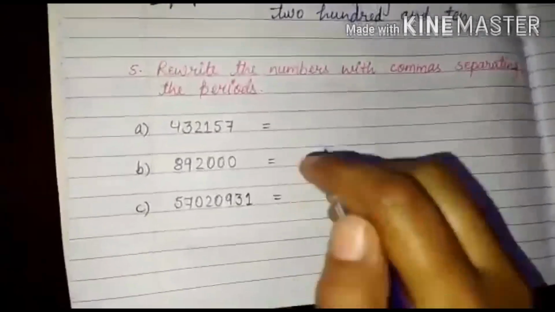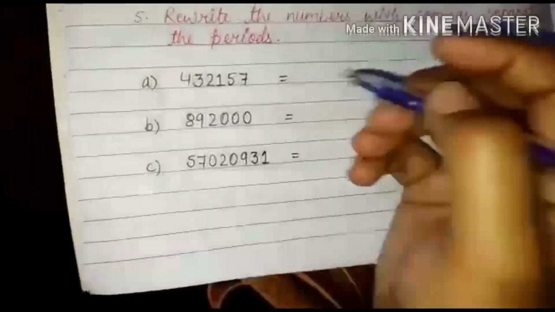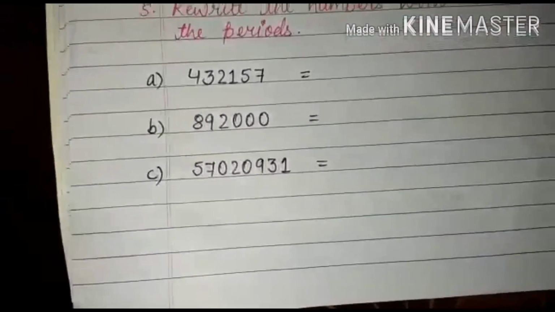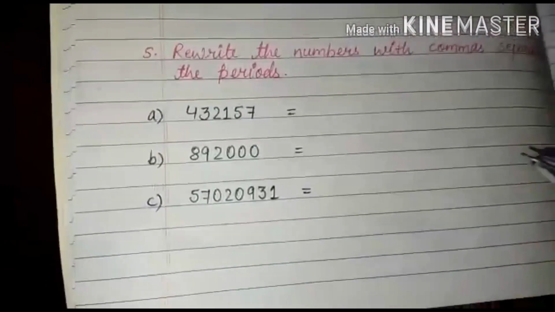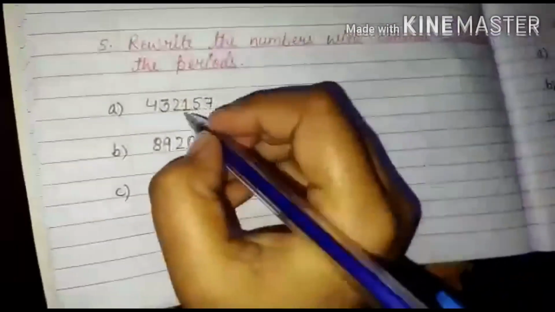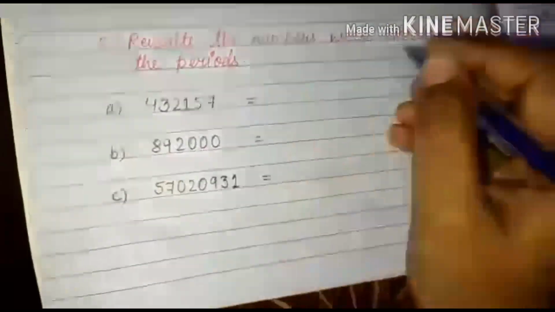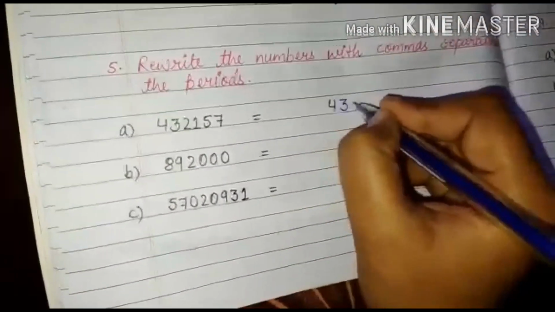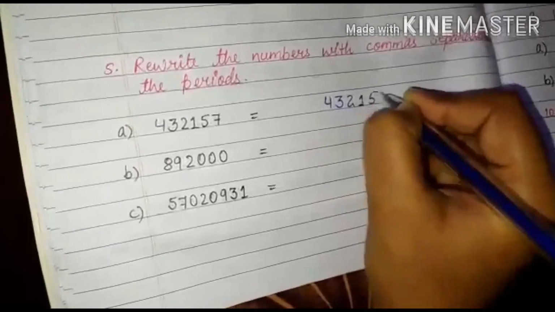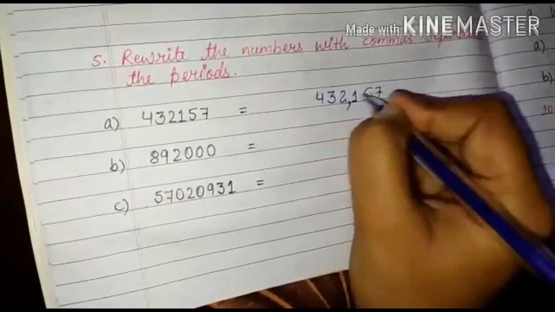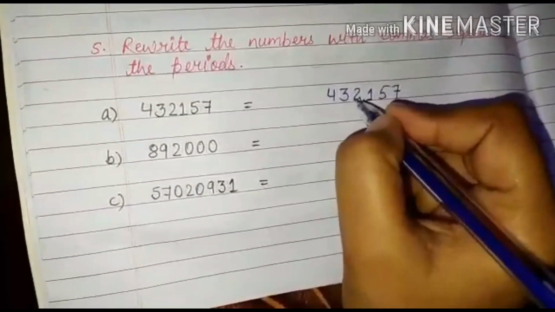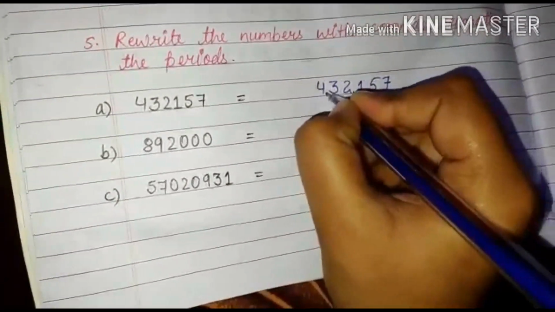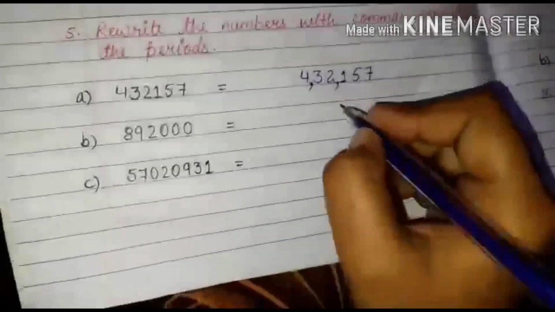Now the next question is write the numbers with commas separating the periods. As I have told you, every period consists of 2 places except the ones period. The ones period has 3 places, so starting with the ones I'll put a comma before 3 numbers. So first write down the number. Put a comma before 3 numbers first, because the ones period has 3 places, and then the thousands period has 2 places, so I put a comma before 2 numbers.